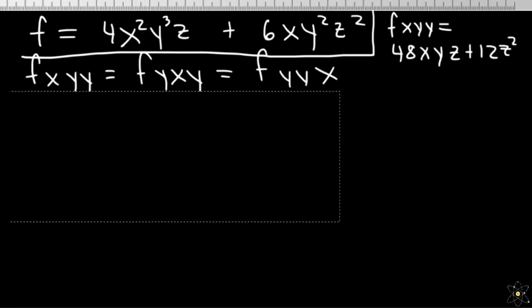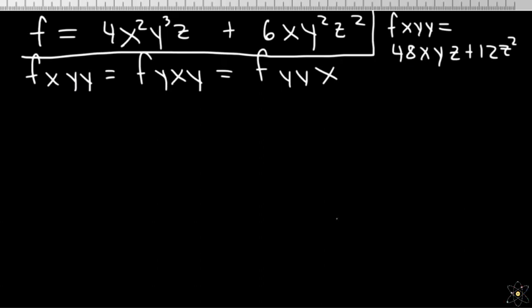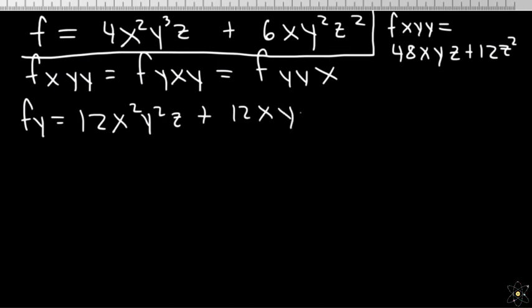So now let's find f y x y. So first let's find fy. The derivative of y cubed is 3y squared times 4. So that's 12x squared y squared z. And the derivative of y squared is 2y times 6, which is 12xy z squared. Now let's differentiate that function with respect to x.